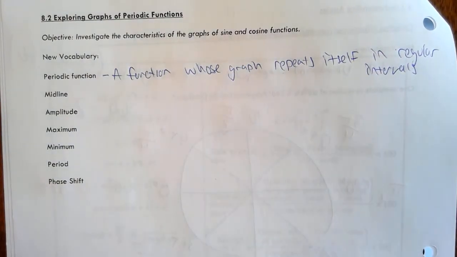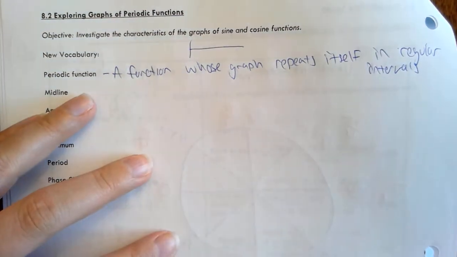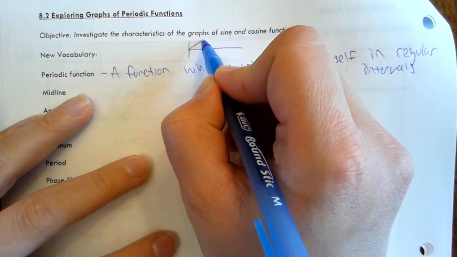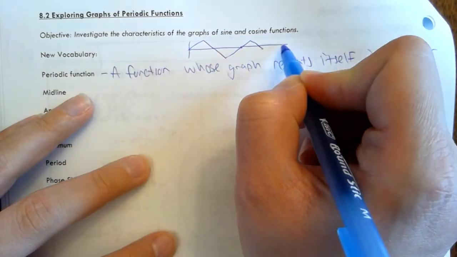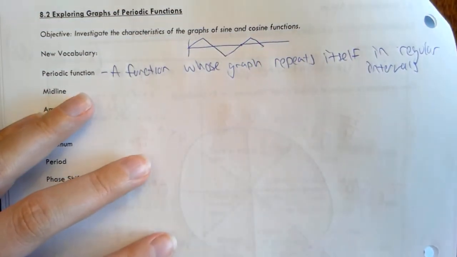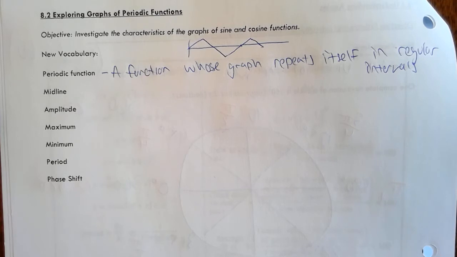It's not changing its mind on us. So if I were to make a little example, this is a periodic function where it keeps doing these spiky guys forever, or for a while at least, but it's beautifully symmetrical. It does the exact same thing over and over again. It takes the same amount of time to do it.